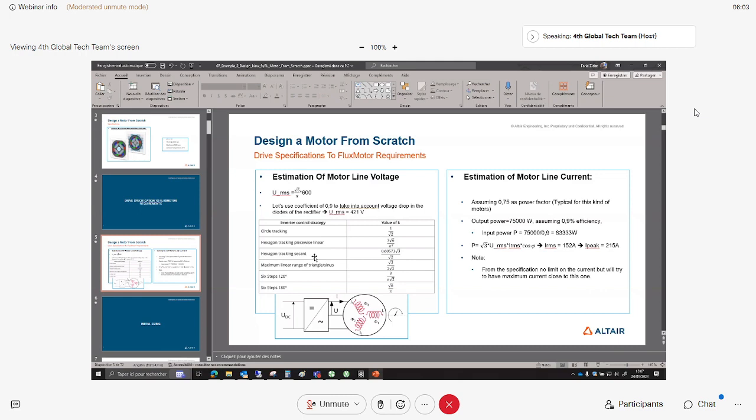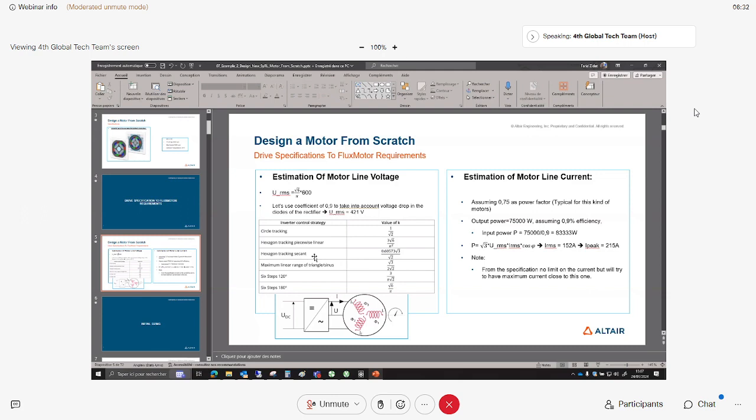Within PSIM, you can have an equivalent model of the motor and try the best one for your motor. Okay, so here I must confess that I took this one. There is no specific reason why I took this one. I took it like this because I have to choose one.